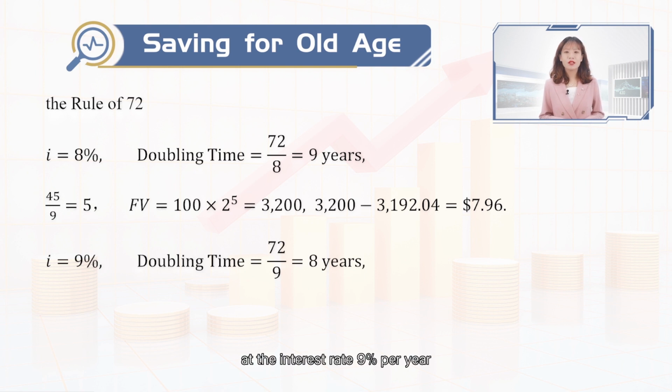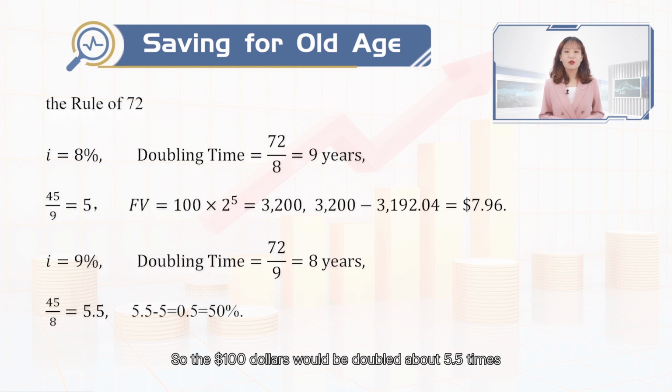Besides, at the interest rate 9% per year, the doubling time is 72 over 9, which is 8 years. So the $100 would be doubled about 5.5 times.